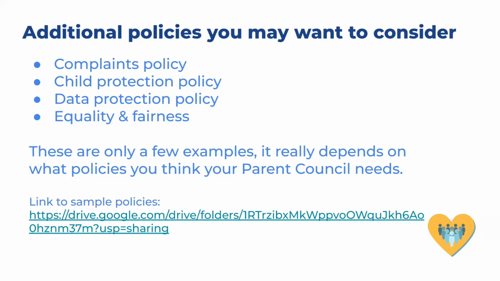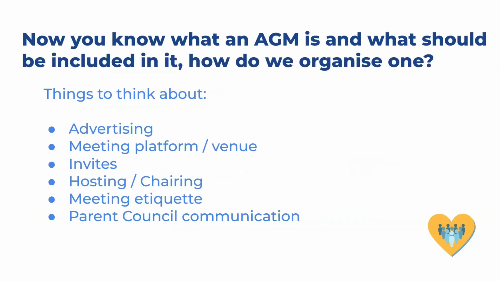So they can't then come back and say, I didn't know about that, I didn't know that I had to do it that way, I didn't know we weren't allowed to share that information, or whatever the incident is. That's a really good bit of housekeeping to keep track of all of this, so that everybody knows what's expected of them on the Parent Council and how they're supposed to behave.